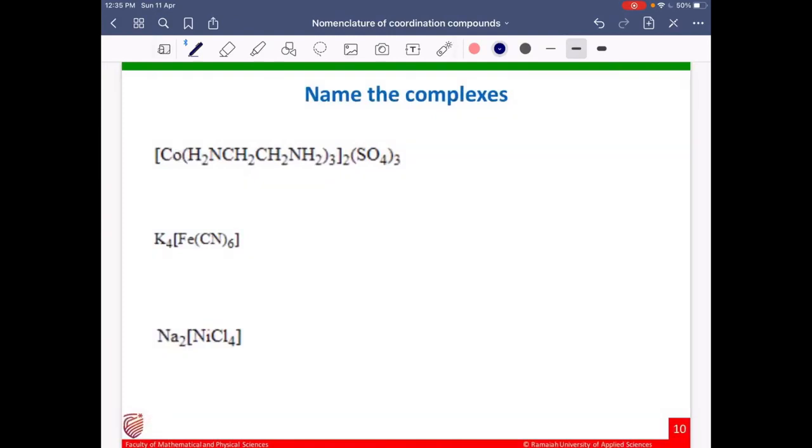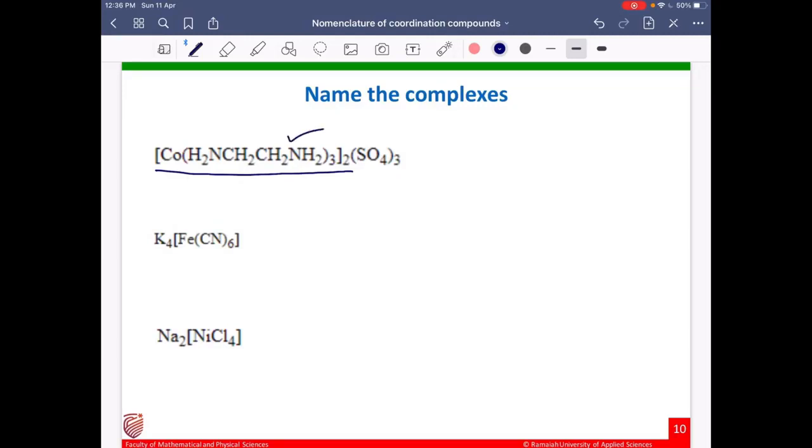The next example is cobalt, then ethylene diamine thrice, then 2 SO4 thrice. SO4 thrice. We'll start. First, whether the complex ion part is cationic or not? Yes, it is cationic. So if it is cationic, we have to name the cation first. In the cationic part, the ligand should come first.